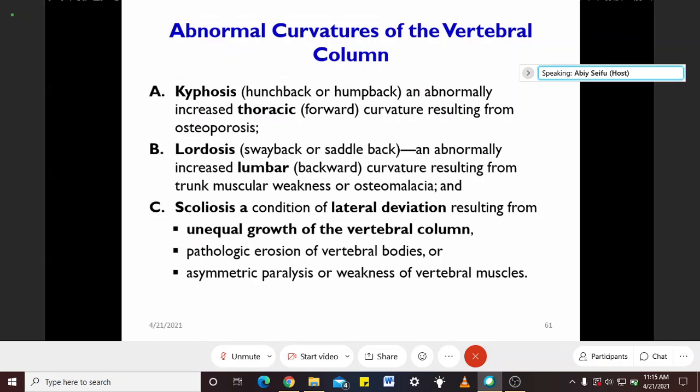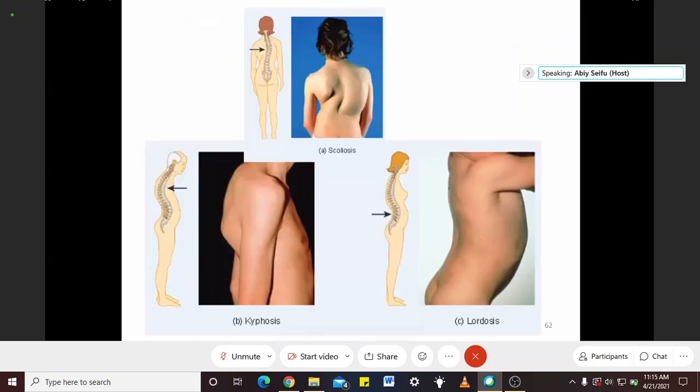Even if there is paralysis of the vertebral muscles on one side, the opposing muscles on the other side still allow for a lateral curvature. This one is a lateral curvature, scoliosis.